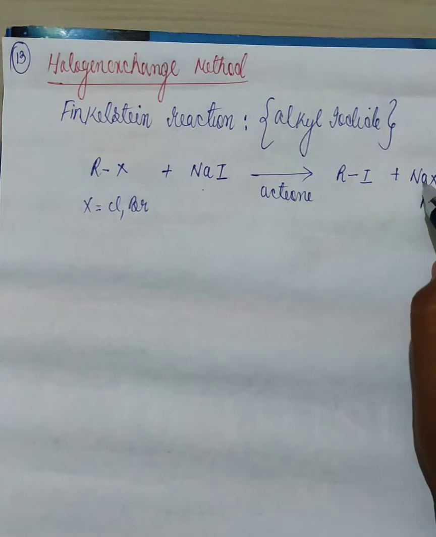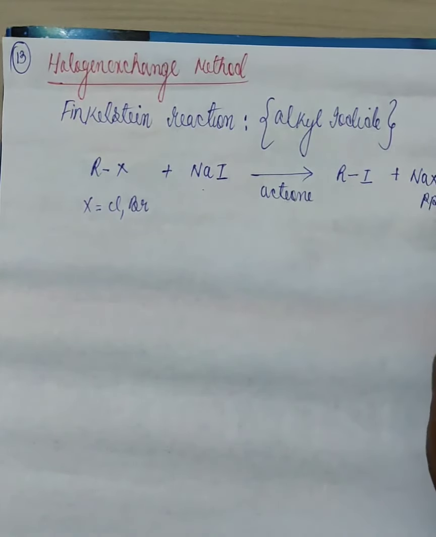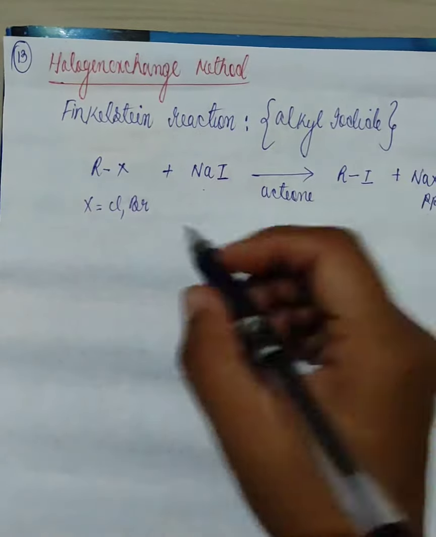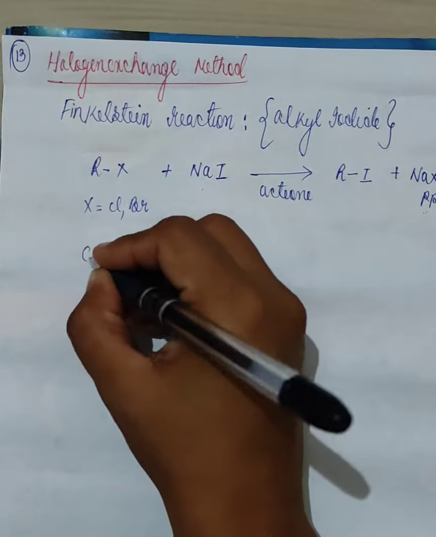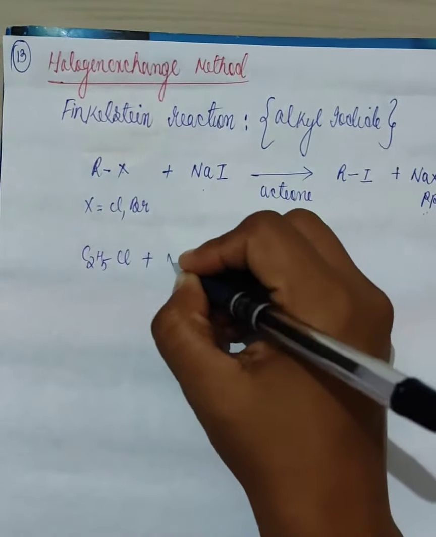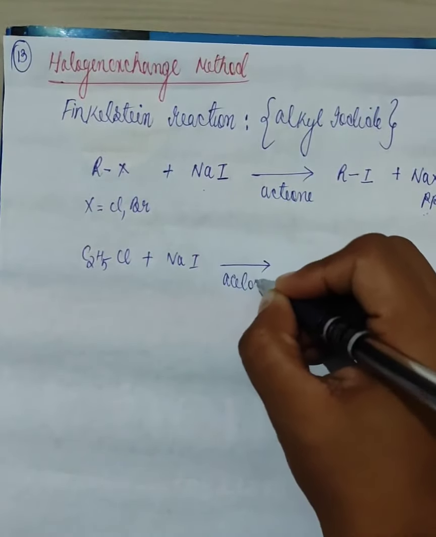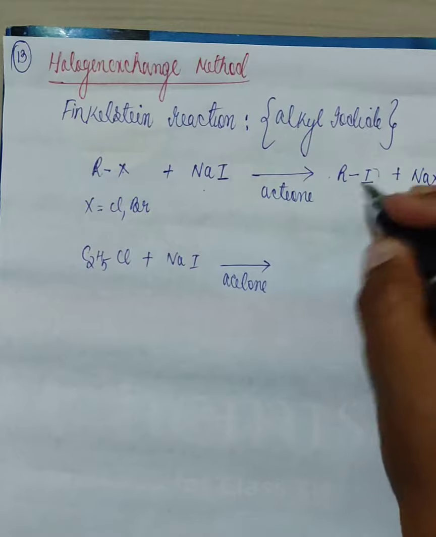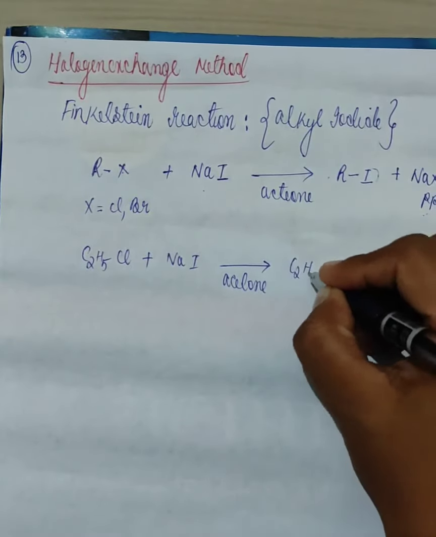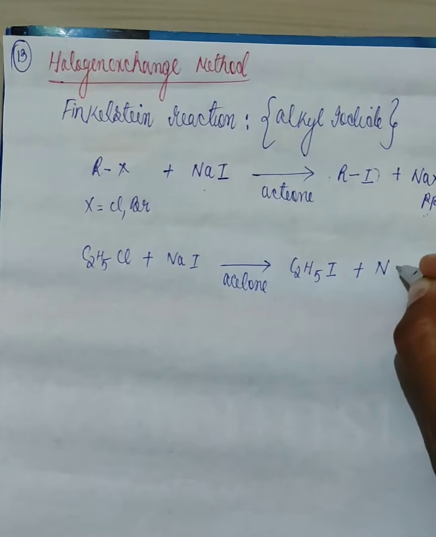Because your sodium halide product is not soluble in acetone, it is mostly found in the form of precipitate. So in this case, this R can be C2H5. Let us take C2H5Cl plus NaI, sodium iodide, then acetone, you will get your RI product, C2H5I, plus your precipitate NaCl.